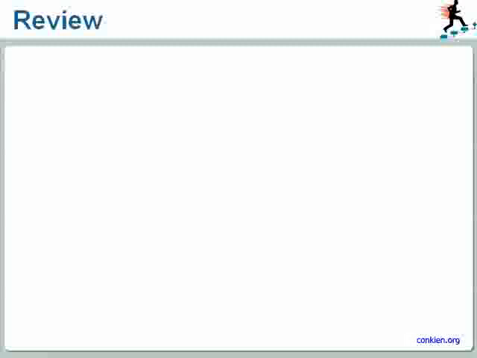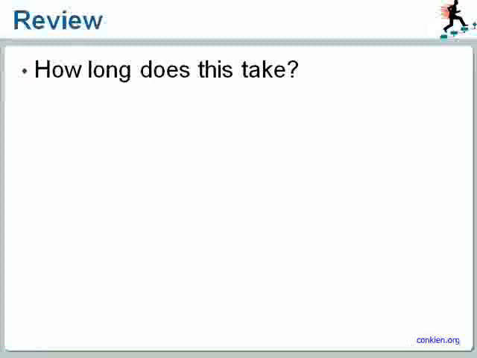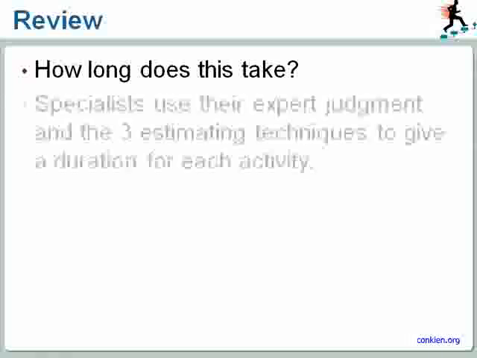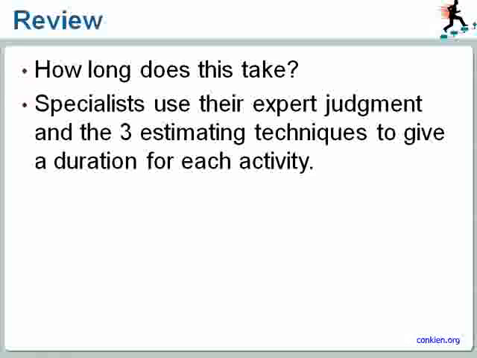Let's review. In the estimate activity durations process, you take your schedule activities and all your influencing factors, and you ask your specialists the question, how long does this take? Your specialists will use their expert judgment, and by using analogous estimating, parametric estimating, or 3-point estimating, they will give you a duration for each activity.